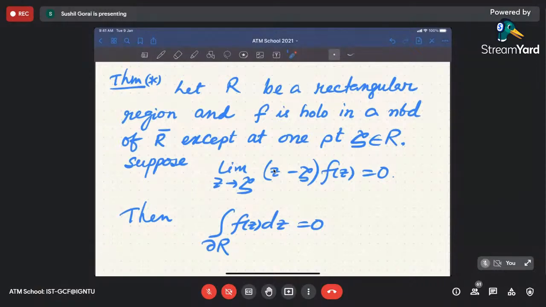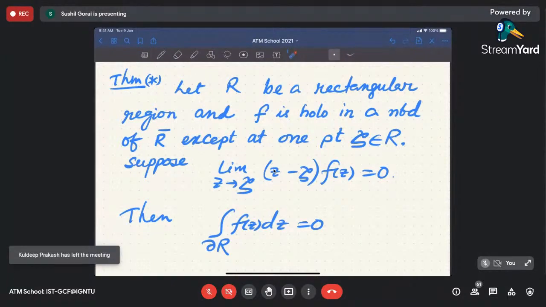Sir, is there any specialty to take that limit to be 0? Yes. Later when you see singularities, this limit will say that it is a removable singularity. So using the removable singularity thing, this is obvious, right? We should have one analytic function which is the same as f(z) except at the point z0, and the integral for that function will be 0 by the previous theorem.